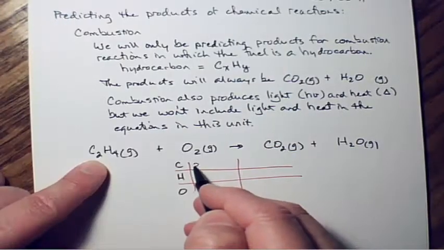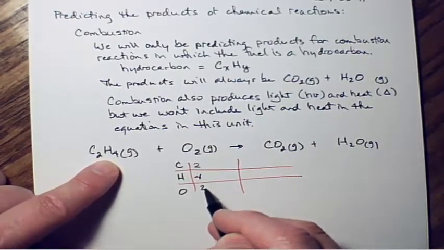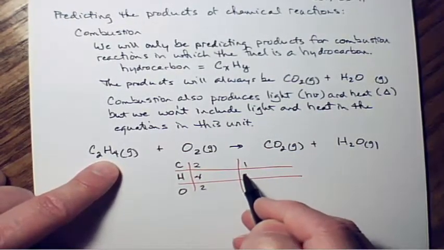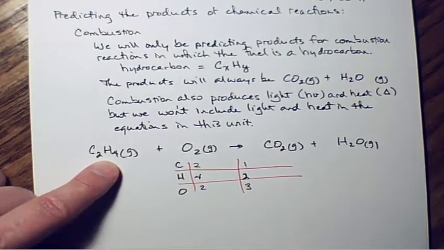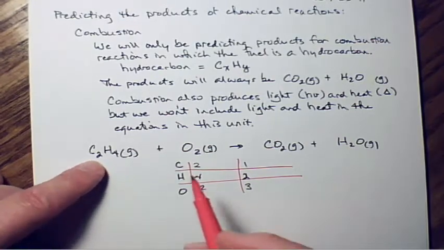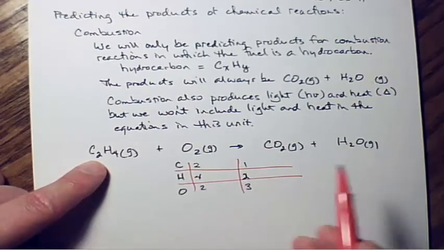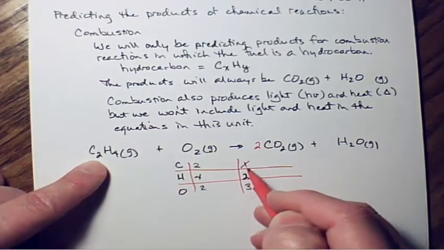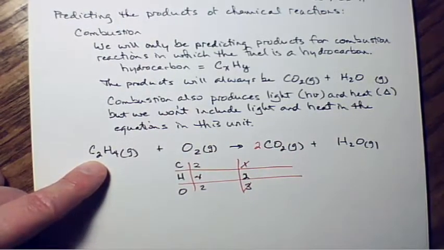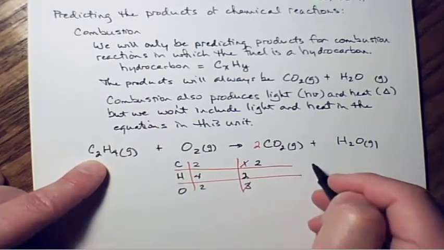I've got 2 carbons over here, 4 hydrogens, 2 oxygens. On this side I've got 1, 2, 1, 2, and 3. So we want to put coefficients in front of those species that we need to in order to get the same number of carbons, oxygens, and hydrogens on both sides. So put a 2 here. That's going to change the number of carbons and oxygens. It's going to give me 2 carbons.